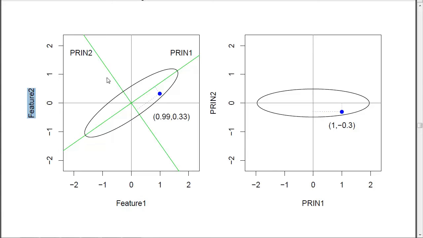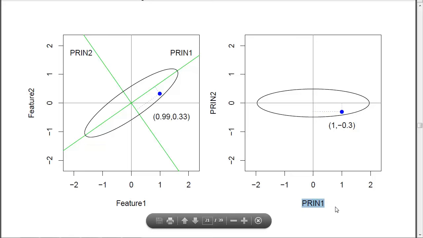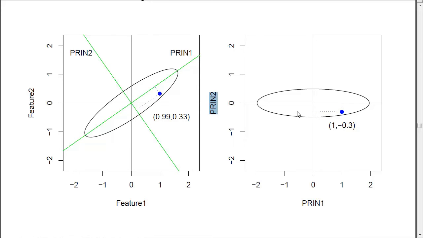When we look at the data on the axes of the principal components, we're basically doing a rotation of the axes. These green axes are going to rotate downward, and the principal component 1 axis is now in the right plot, the horizontal axis, and then we have principal component 2 on the vertical axis. Our data now is oriented in that direction, and here's the original point.